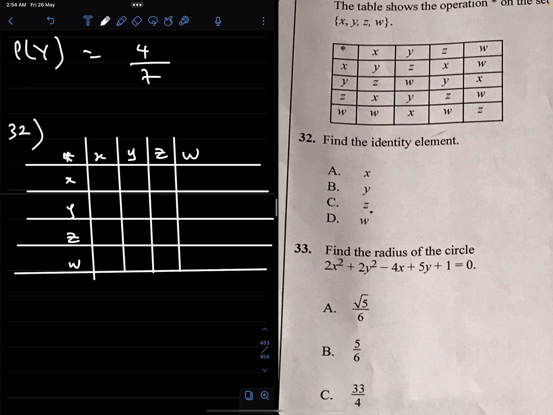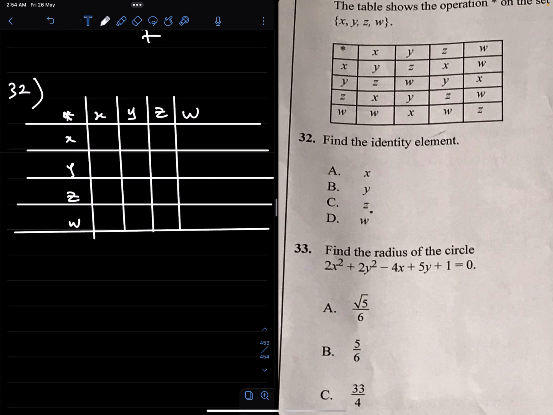Now the first question is, this is the operation. The first question is find the identity element. Let me complete the table. Y, z, x, w, z, w, y, x, x, y, z, w, and then w, x, w, z.